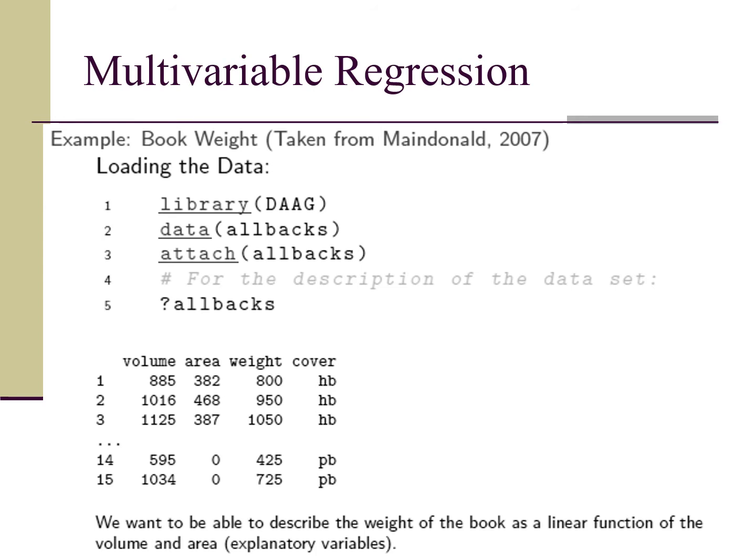Okay, so let's take an example of multivariable or multivariate regression in R. Here's an example for book weight. We're going to load that data in. We're going to use a library command to import that library, DAAG. And then we're going to call up the data set allbacks, and then we're going to attach allbacks.